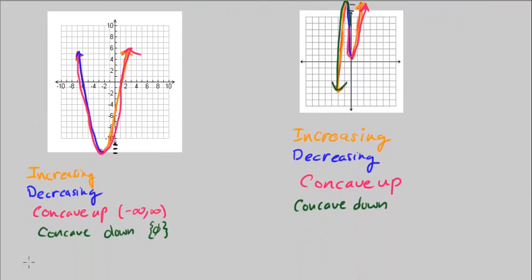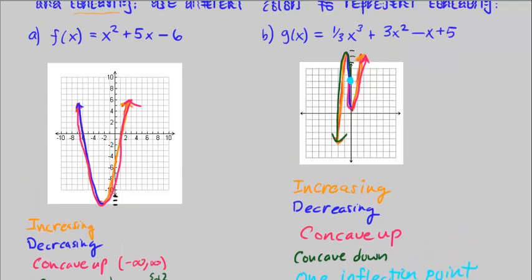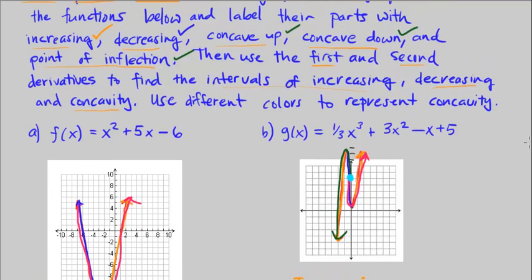So this one, no inflection point or points. Here, this one has one right here where the concavity changes. One inflection point. All right. So that's just looking at the graph. That's doing all these things looking at the graph.